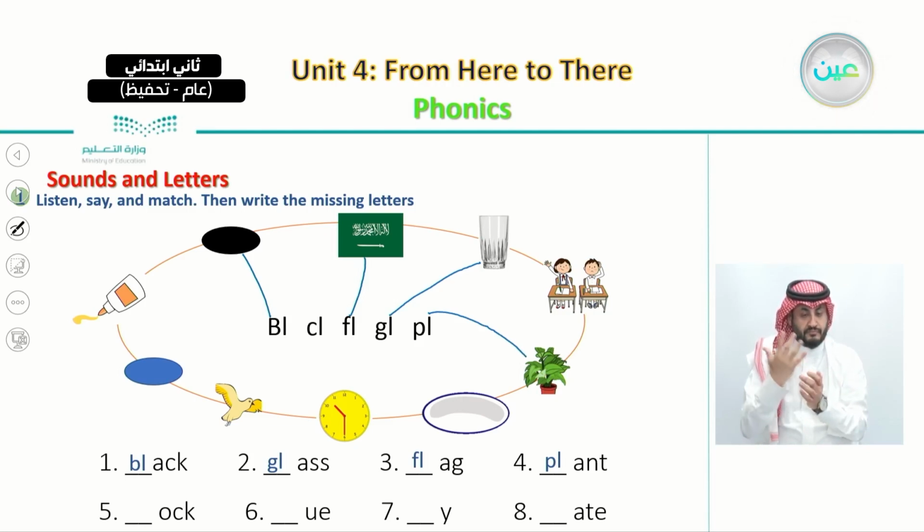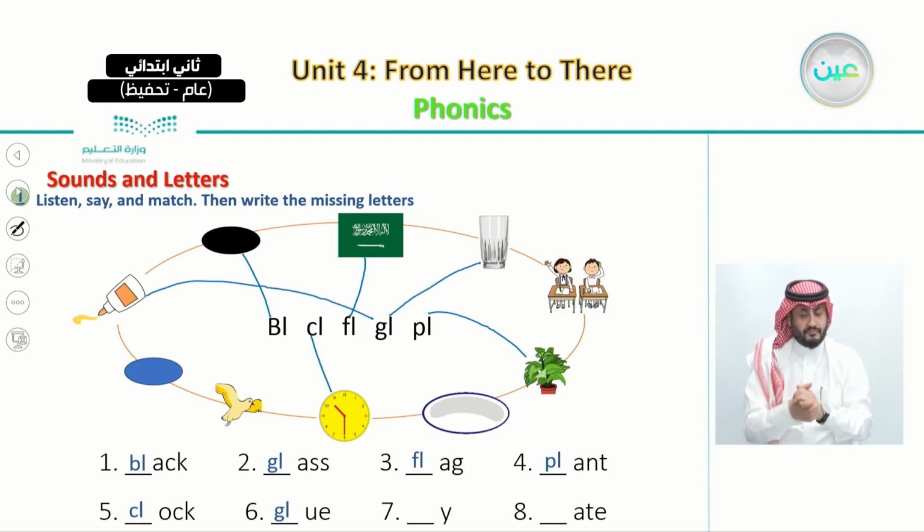Number 5, clock. Clock starts with C and L, and here we need to match it to the picture. And number 6, glue. Glue also starts with G and L, and here we go. We need to match it to the picture.